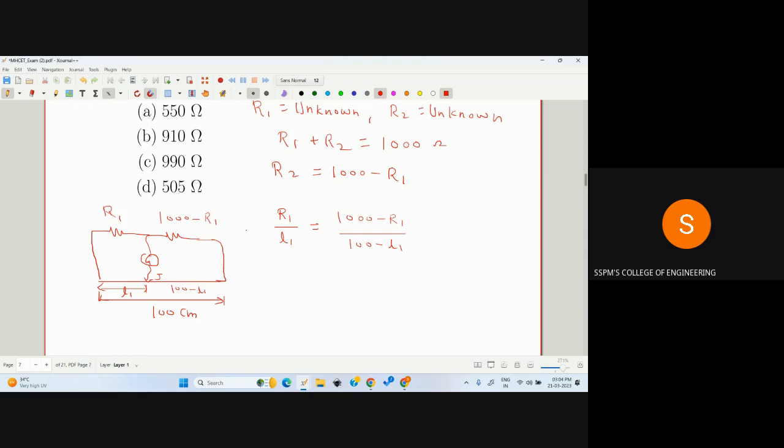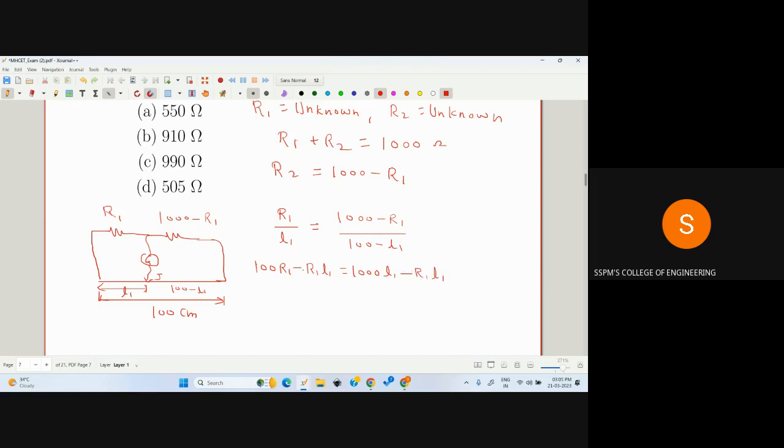After simplifying this equation, you take a cross multiplication, it becomes 100 R1 minus R1 L1 is equal to 1000 L1 minus R1 L1.